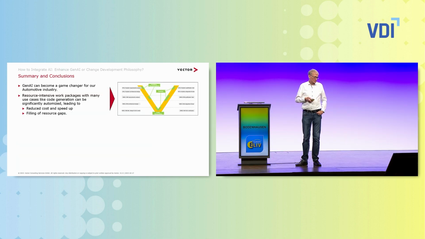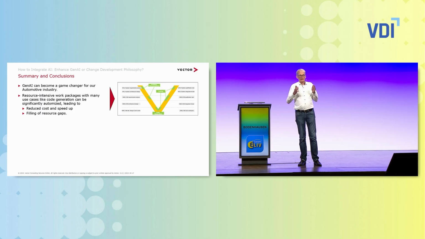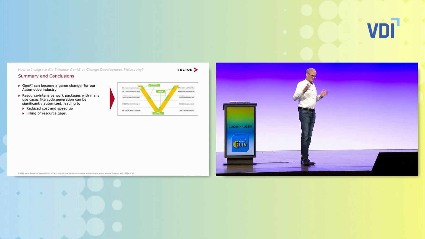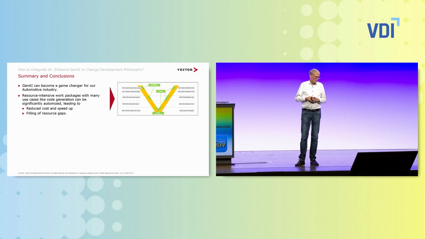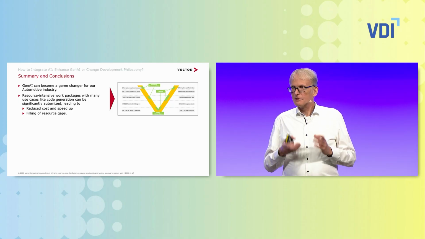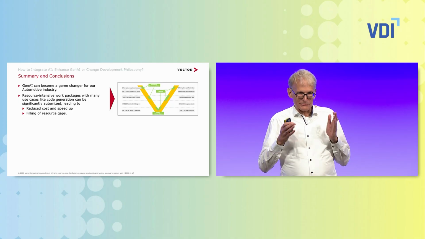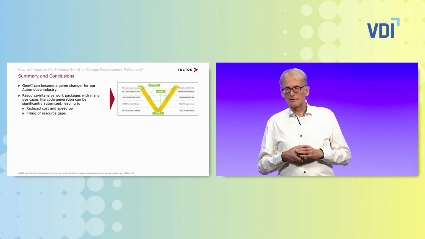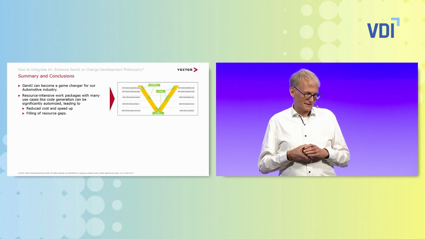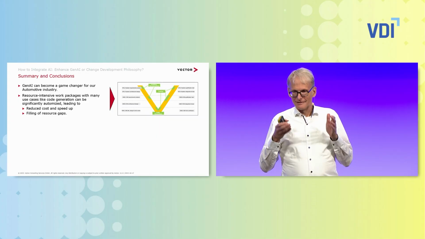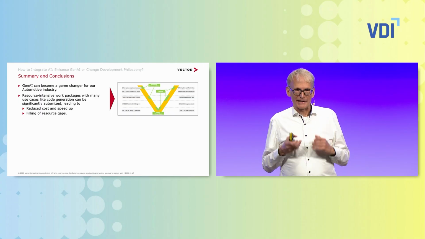So to summarize my presentation, I'm convinced, and I think this is common by now, Gen AI will become a game changer for our industry. So my recommendation is, if you want to apply that in your development, use it where the frequency of applications is.